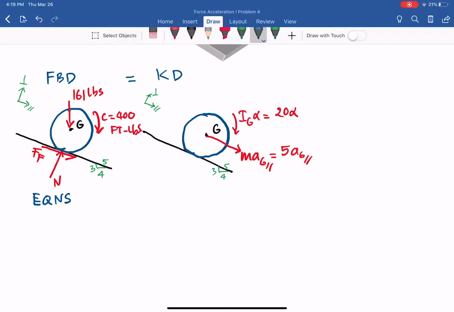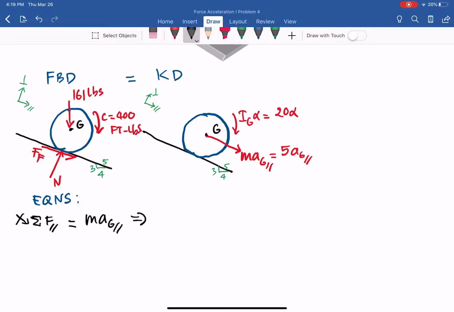Scalar equations. So here we have 3 equations. Let's write down the sum of all the forces in the x direction, the parallel direction, assuming going down is positive, equal to m aG parallel.